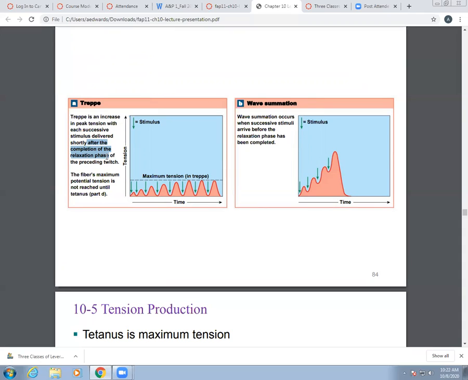So if you get a full relaxation phase, you have treppe. If you have another stimulus before the relaxation phase is completed, that's wave summation. And you get a larger increase in tension. So that's a big difference.